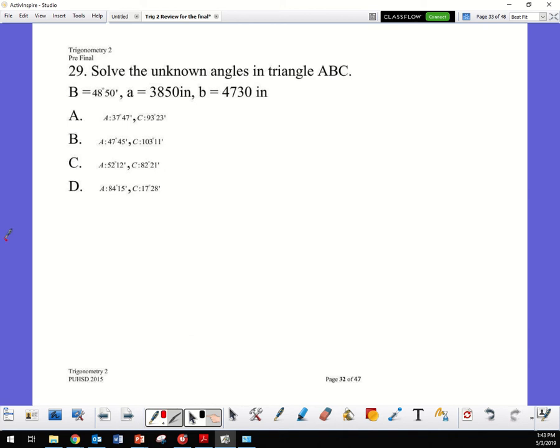Solve the unknown angles in triangle ABC. Step 1: draw the triangle.